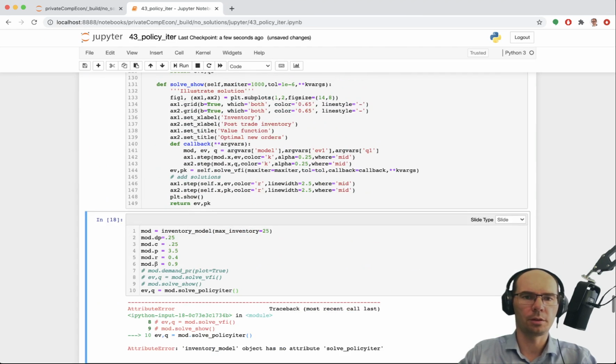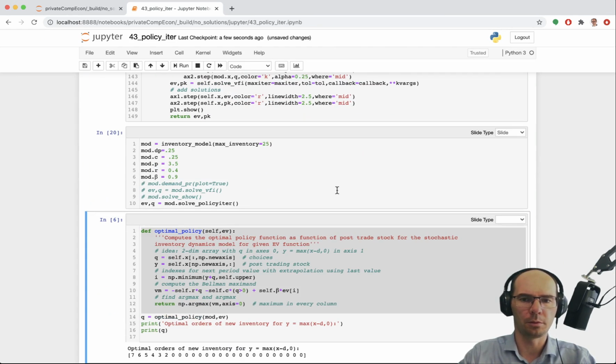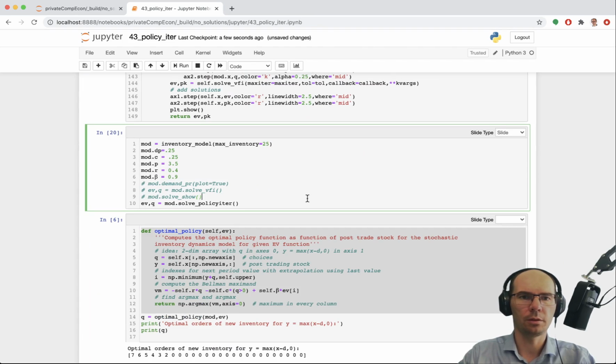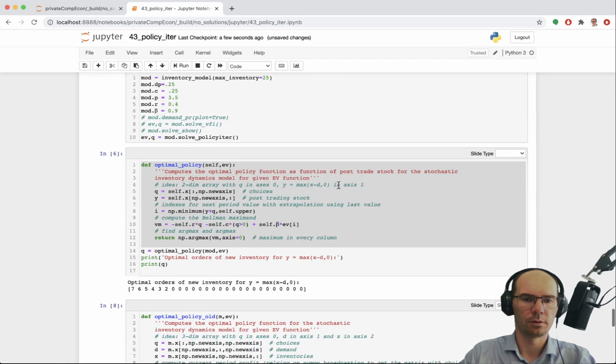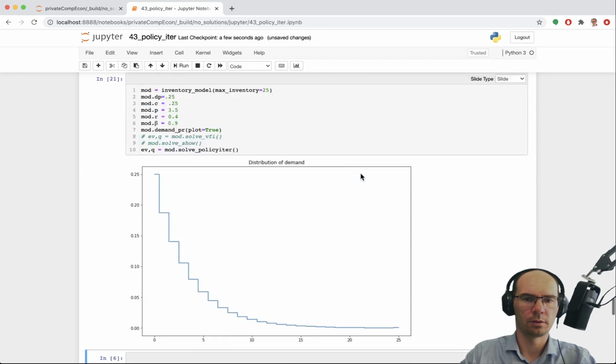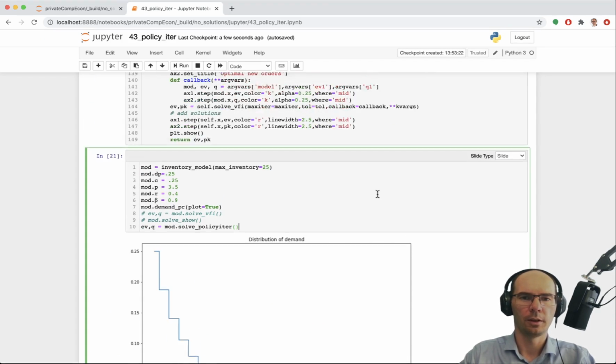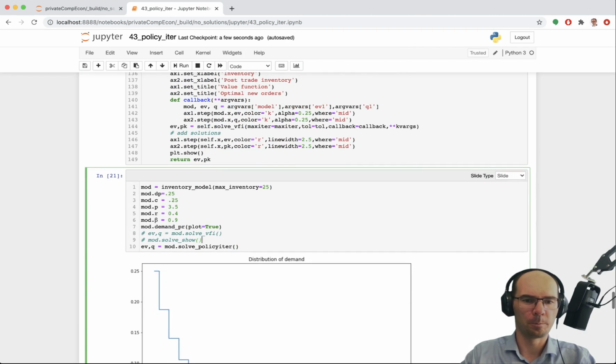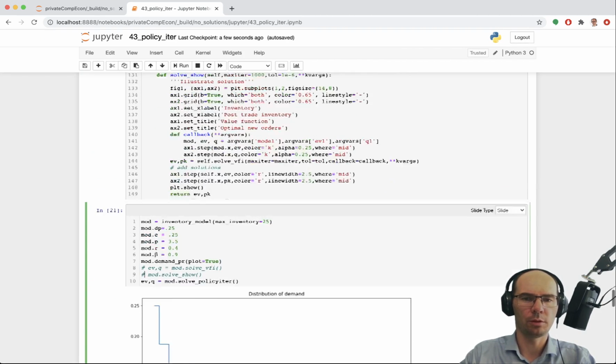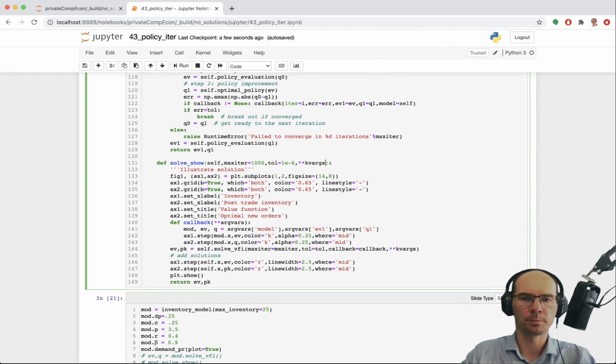Solve policy iter doesn't exist. That's because I didn't run the class code. Are we still iterating? No, it was done. Okay. So probably I can show. Now, when showing, now we need the method input.